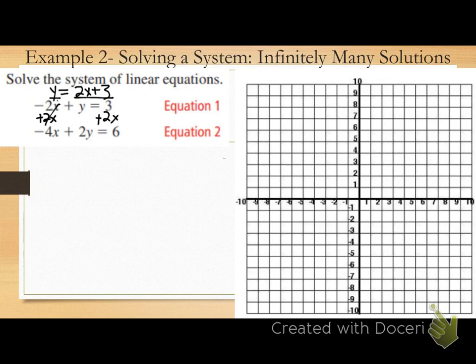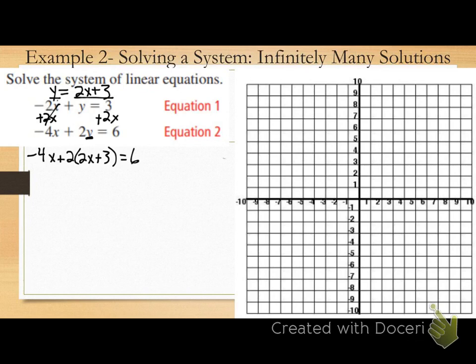So in this equation 2, what can I replace this y with? The expression that it equals, 2x plus 3. The rest of the equation stays the exact same. Just take y out, put 2x plus 3 in its place because 2x plus 3 equals y. They're interchangeable with each other.